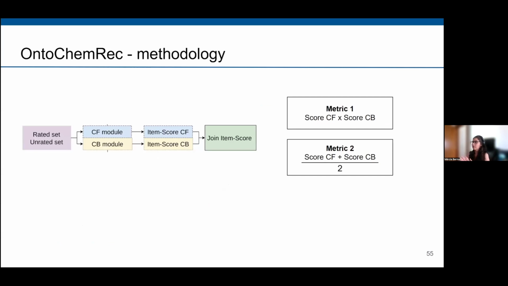For creating the hybrid, we used two very simple metrics: the product between the scores from CF and CB, and the mean between the scores. Okay, so here we didn't try to standardize the scores because we really wanted to see what would happen combining these raw scores.